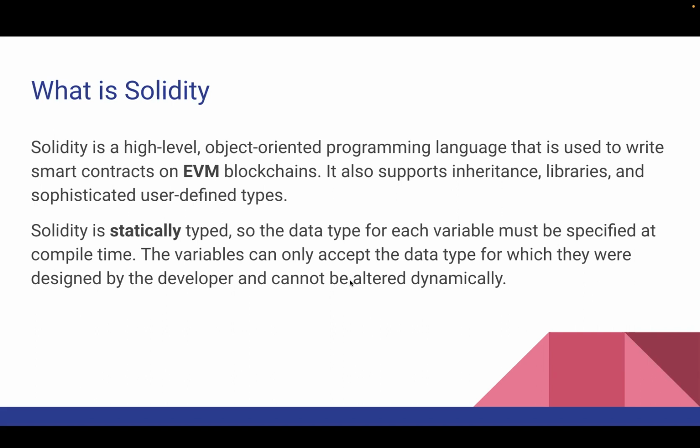For instance, if you assign a number, JavaScript automatically knows that the variable holds a number. If you assign it a float, it knows it's a float. If you assign it a string, it knows it's a string. But Solidity is not like that. In Solidity, you have to manually tell it the type of value you want to assign to the variable. That's why they say it's statically typed.